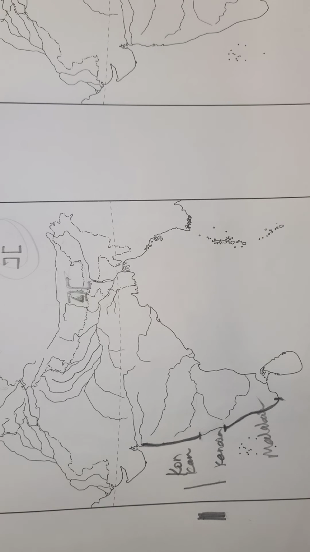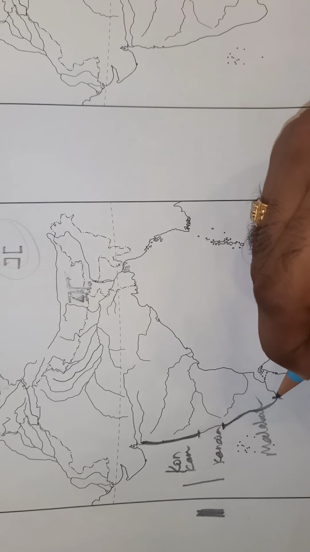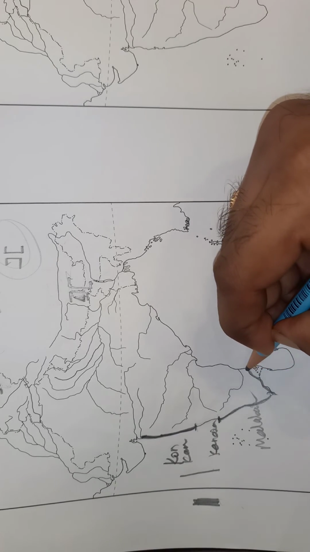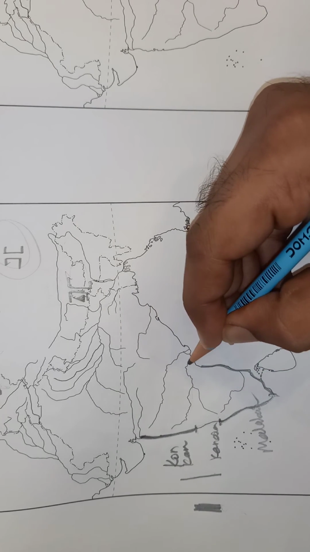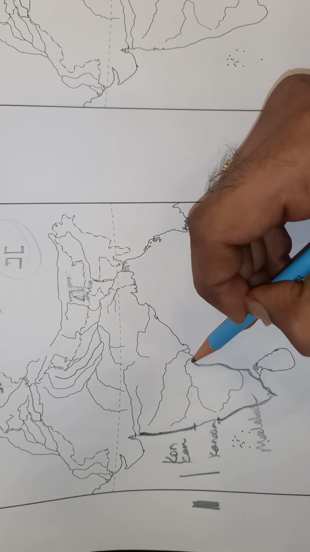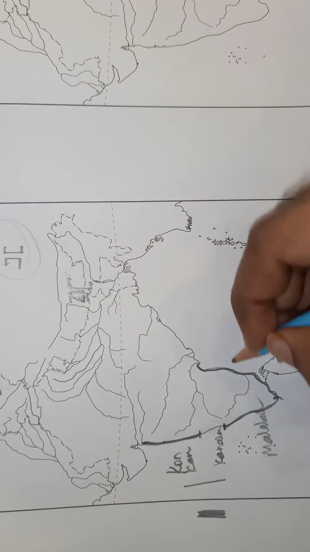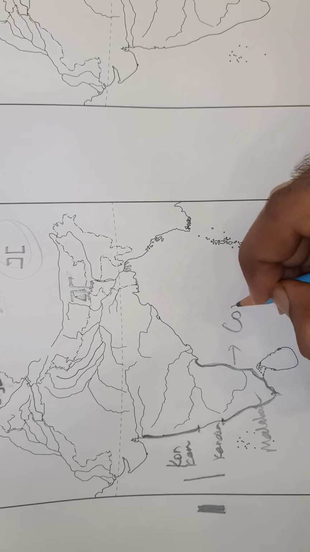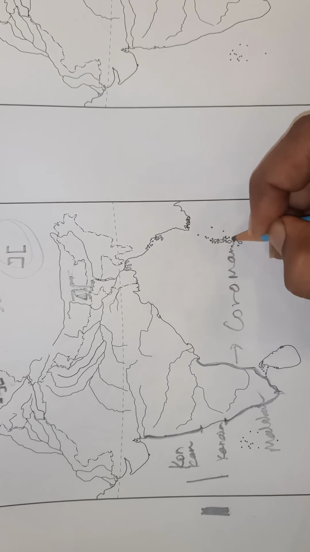Next we'll be marking the Coromandel coast. The Coromandel coast starts from here and ends at the starting of this river. This is the Coromandel coast.